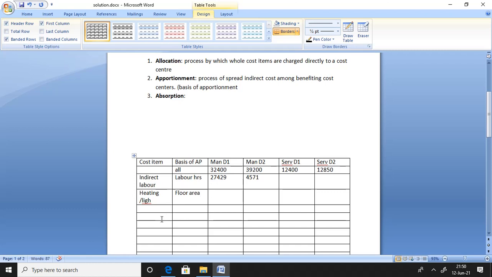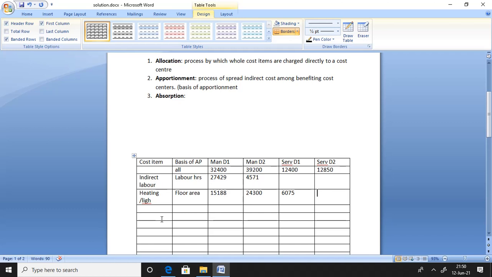If we begin to do the calculations there, we will have 15,188. The second one is going to be 24,300. The third one, 6,075.